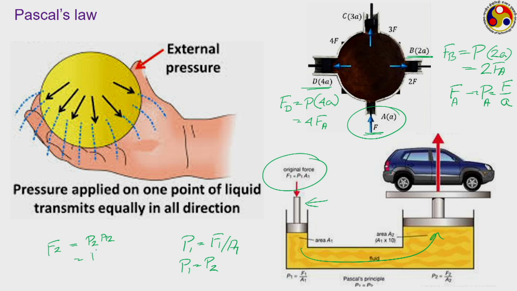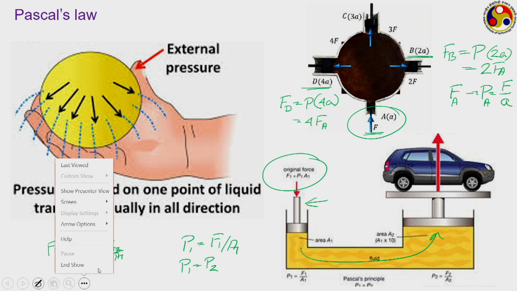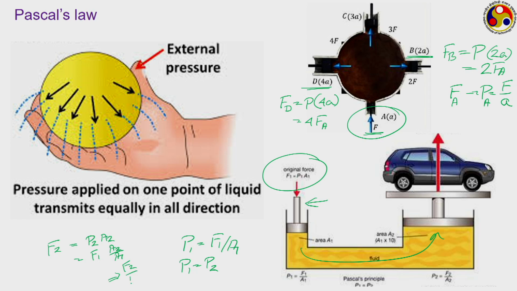Putting the expression for P1, we have F1 into A2 by A1, or F2 by F1 is equal to A2 by A1. So if A2 is 10 times A1, there will be 10 times magnification of the force. This comes from Pascal's law, which you already know, and there can be several practical applications of this.